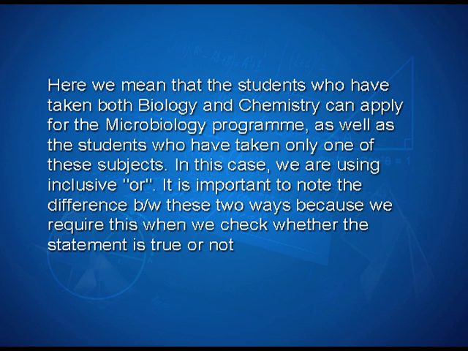In this case, we are using inclusive or. It is important to note the difference between these two ways, because we require this when we check whether the statement is true or not.